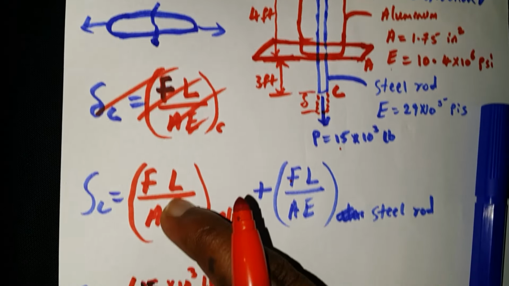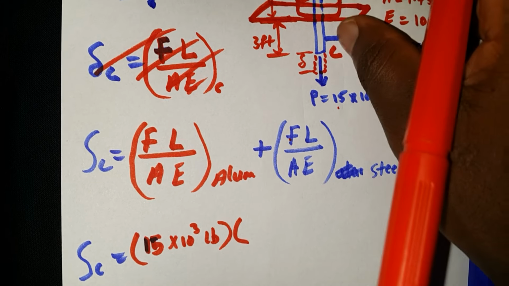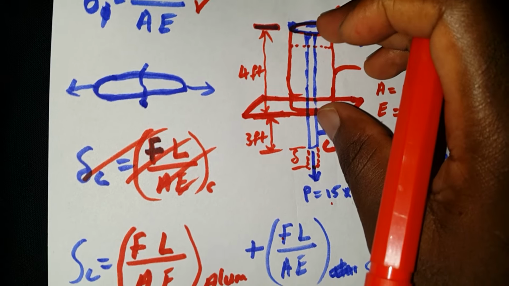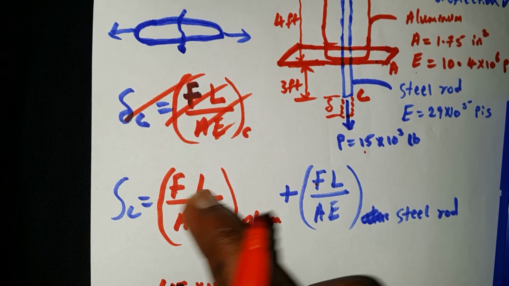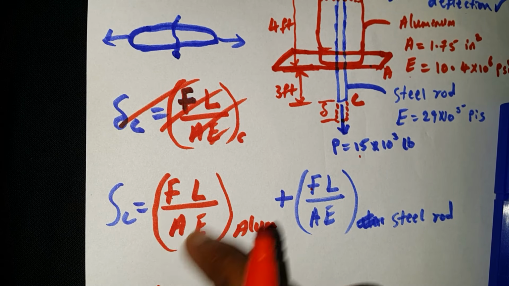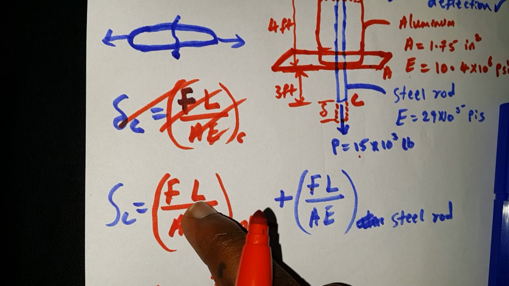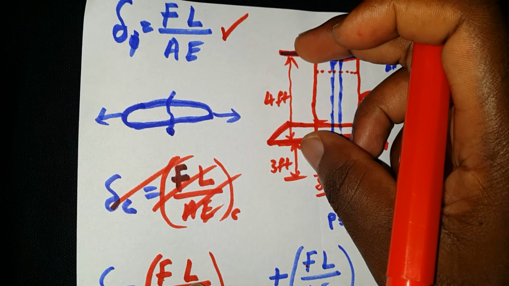This red color here, I told you, is the length of this cylindrical member. So we will try to solve this, and we are looking for the length. We will try to use the length of the cylinder.